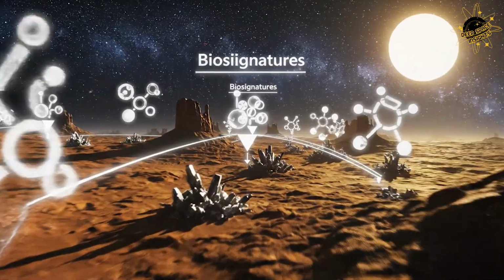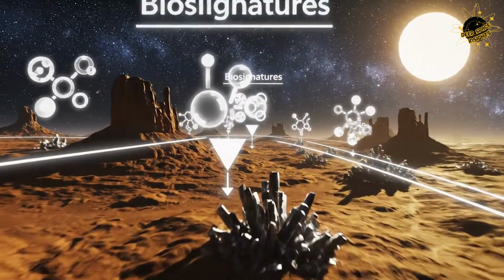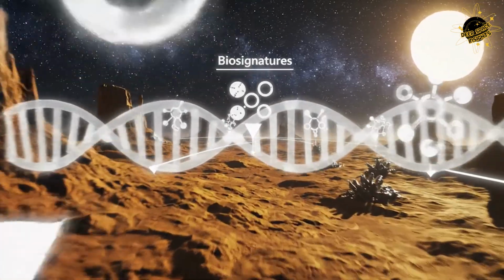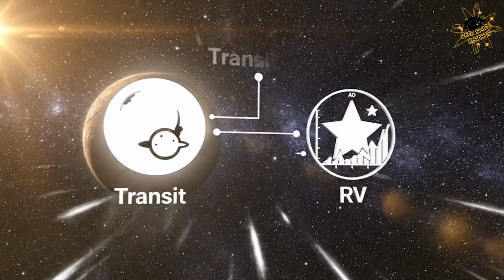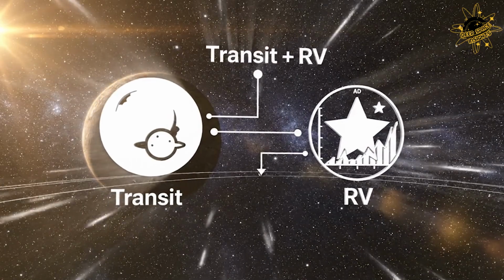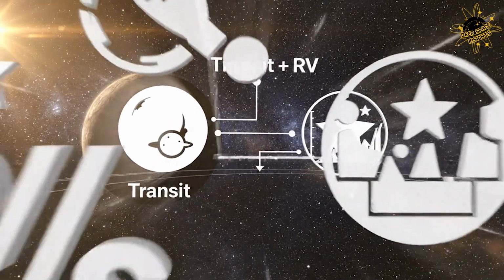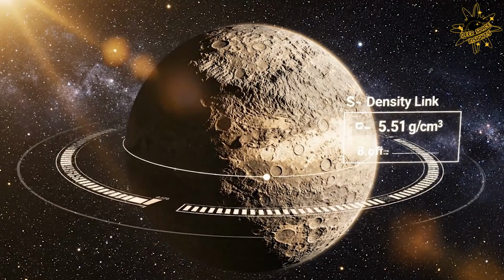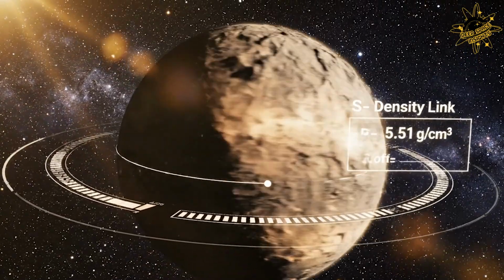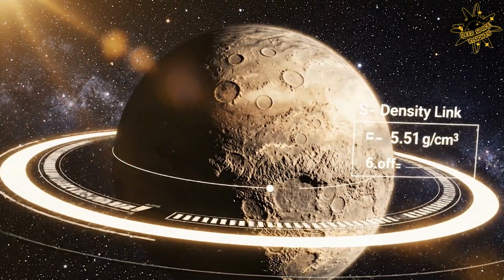The most distant goal remains detecting biosignatures, chemical hints of life, on a world like our own. This requires both the transit method for size and the radial velocity method for mass. Knowing both gives the planetary density, which is the crucial link to finding rocky worlds.